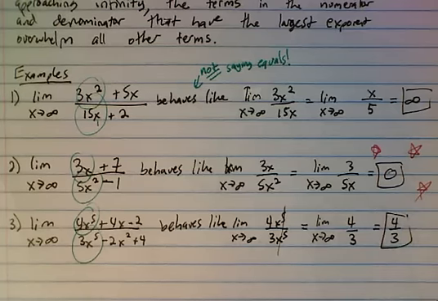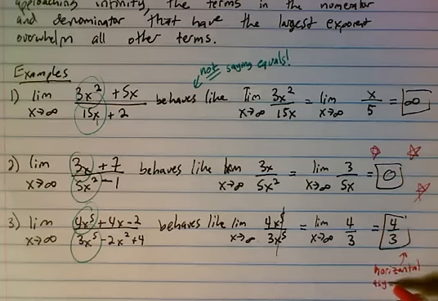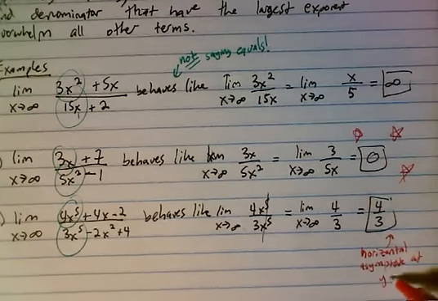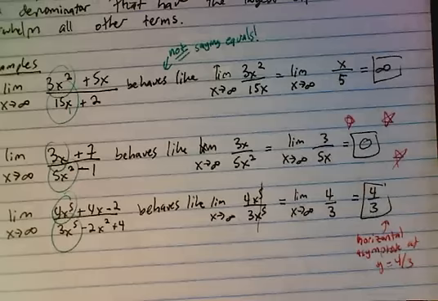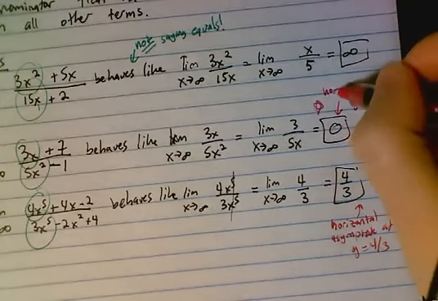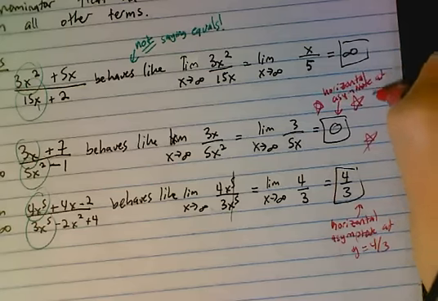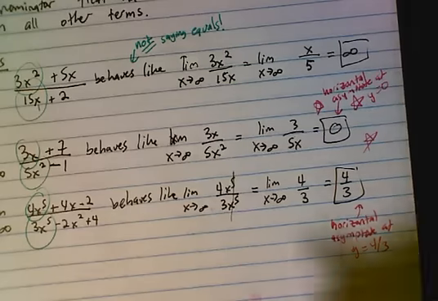And what this is really saying is that when we would draw the graph, there is a horizontal asymptote at y equals 4/3. This one actually is also a horizontal asymptote, y equals 0.